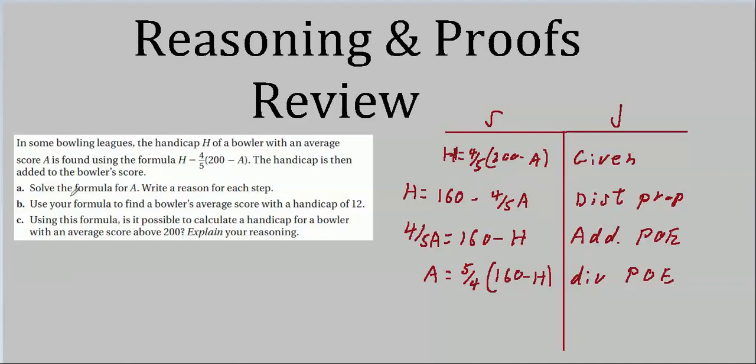Now what do we need to do? To find a bowler's average with this. Oh, the average score with a handicap of 12. Okay, so h is the handicap. A is the score. No, I didn't use S. Oh well, I guess a is for average. All we have to do is plug 12 in here. We can do that over here. And average score would be 5/4 times 160 minus 12.